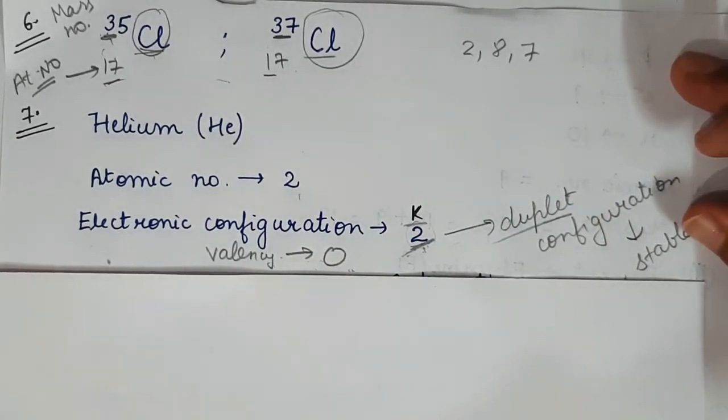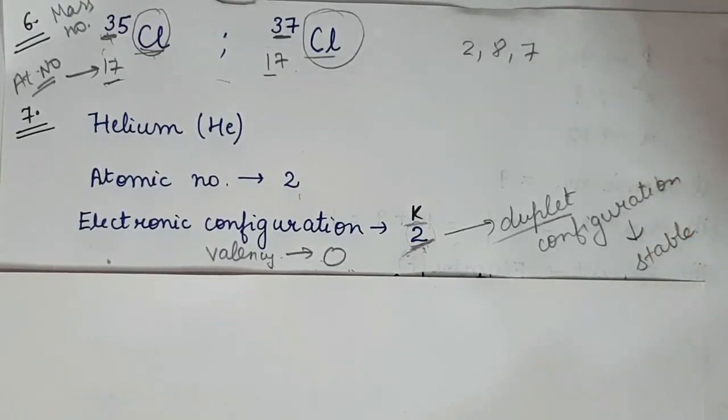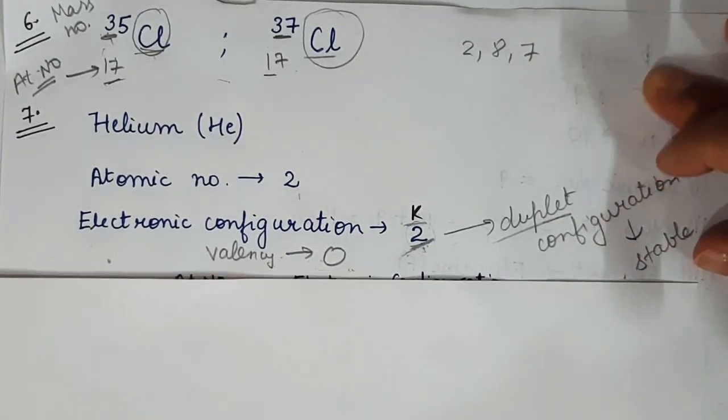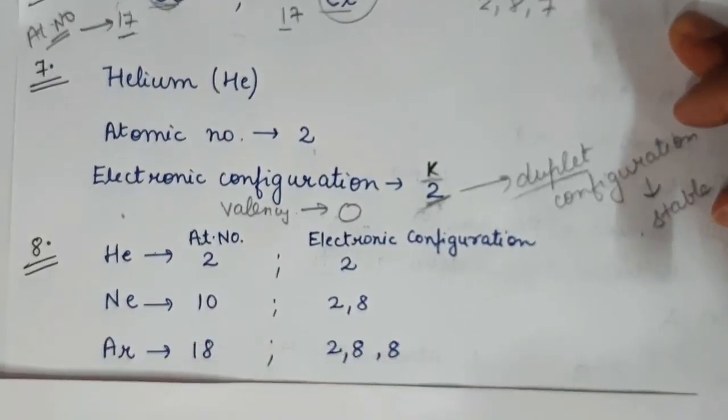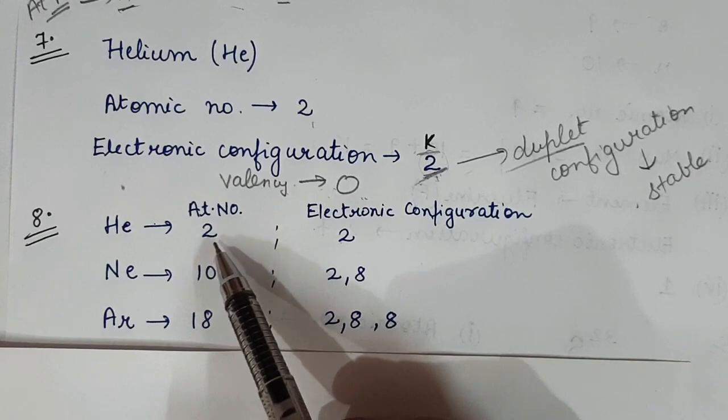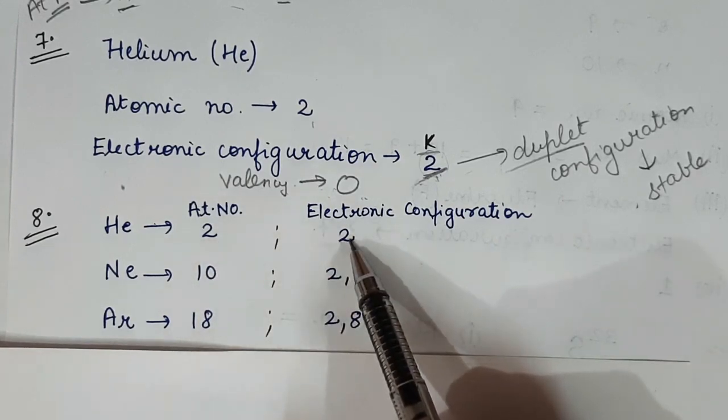Coming to question number 8. Why do helium, neon and argon have a 0 valency? Okay. You have to tell why these 3 have 0 valency. So calculate. Helium. What is the atomic number? 2. So what will be the electronic configuration? 2 in the first shell.